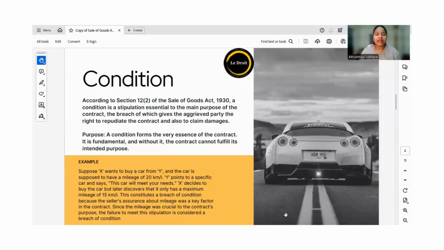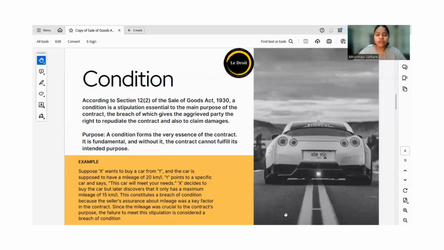Example: suppose X wants to buy a car from Y, and the car is supposed to have a mileage of 20 kilometers per liter. Y points to a specific car and says, this car will meet your needs. X decides to buy the car but later discovers that it only has a maximum mileage of 15 kilometers per liter.